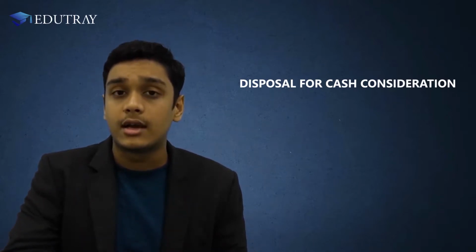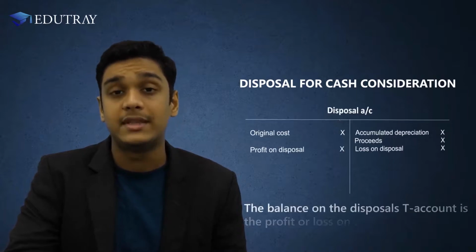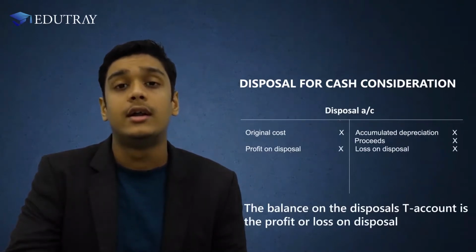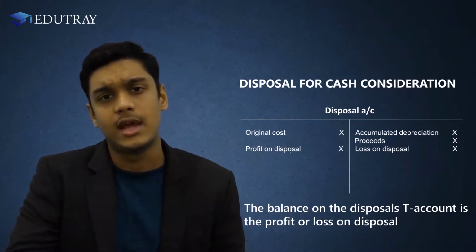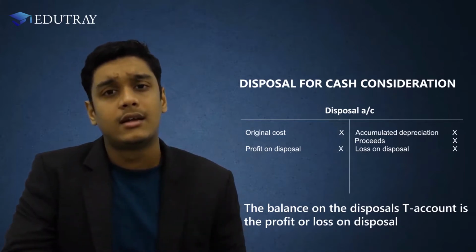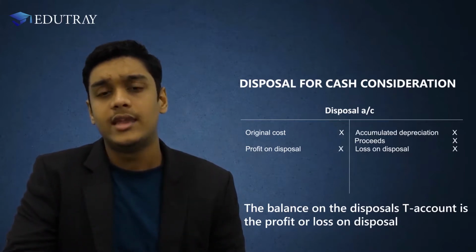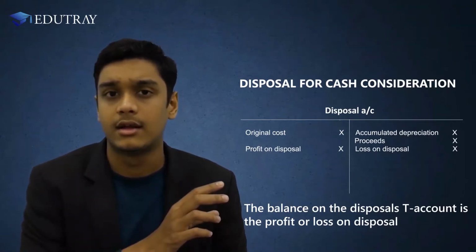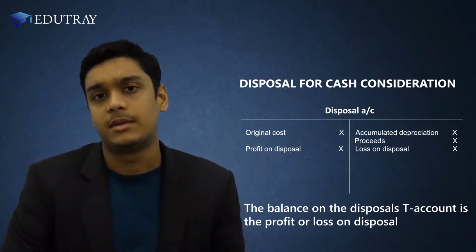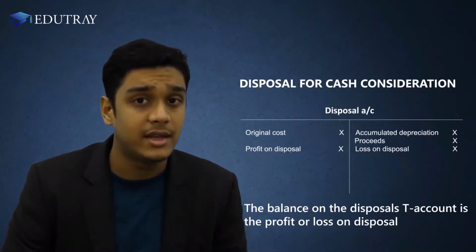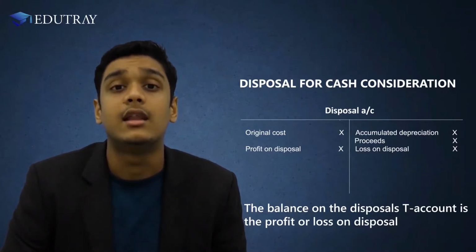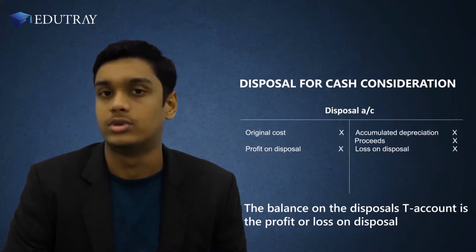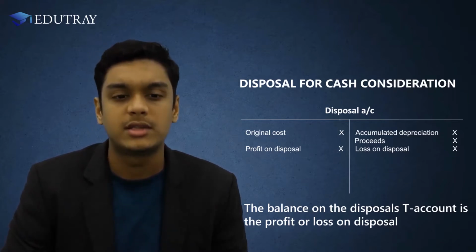So if you are crediting the income statement, it's an income, that means that is a profit on disposal. On the other hand, if you get a credit balance, then you are debiting the income statement. Income statement debit is an expense, thereby it's a loss on disposal. Now we look at a small example.